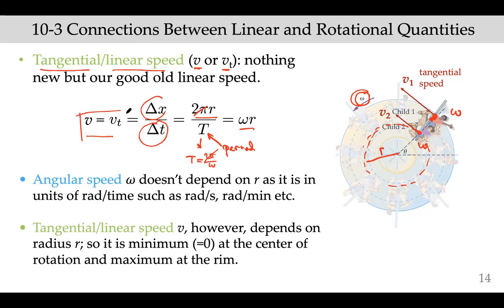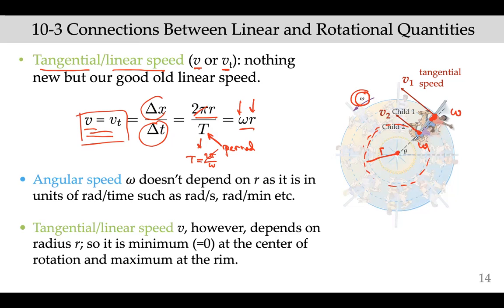So the tangential velocity, or the linear velocity, depends on the angular speed and also the radius. That means if the radius is more, then the tangential speed or the linear speed is more. In fact, if you are sitting here, the radius is 0, so you would not experience any linear speed.